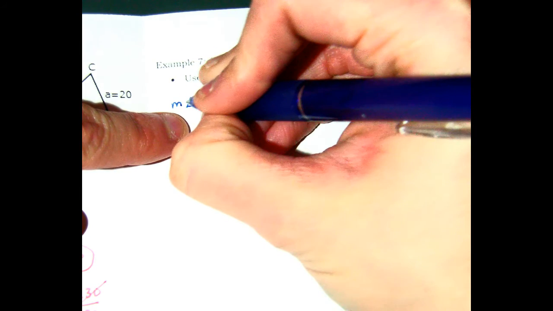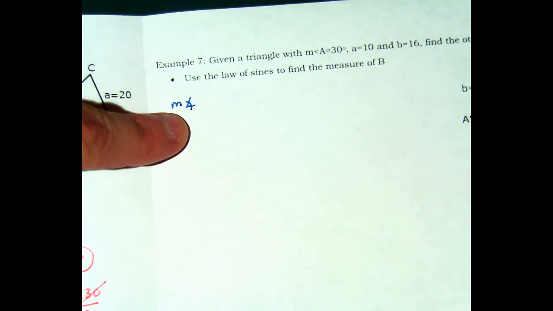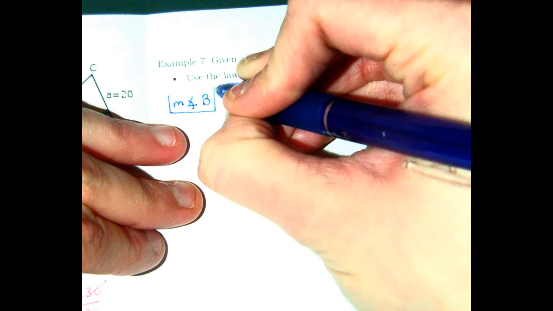There is an actual rule where you can look at the triangle and see, based on the side lengths, whether you're going to have 1, 2, or none. I always find it easier just to find the measure of the missing angle and then determine from there, but there is a way. I can talk about that later in a few minutes.